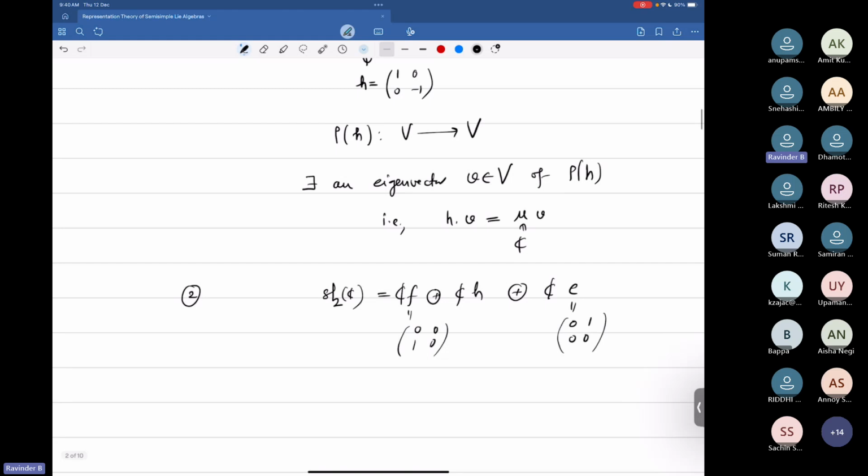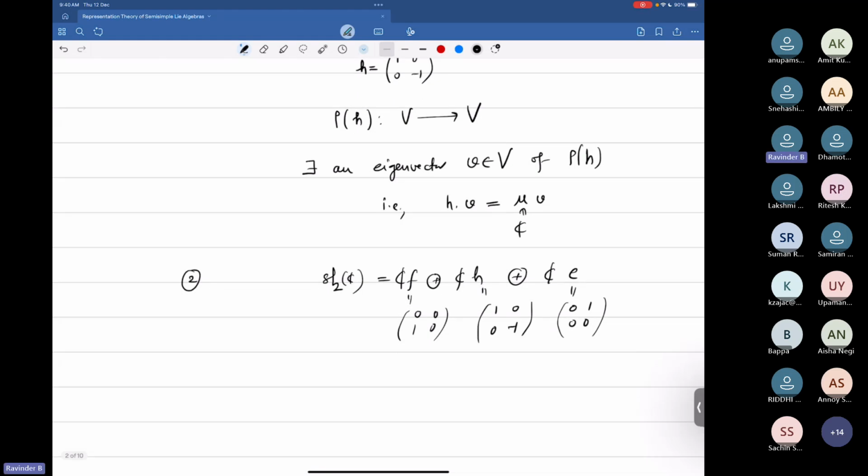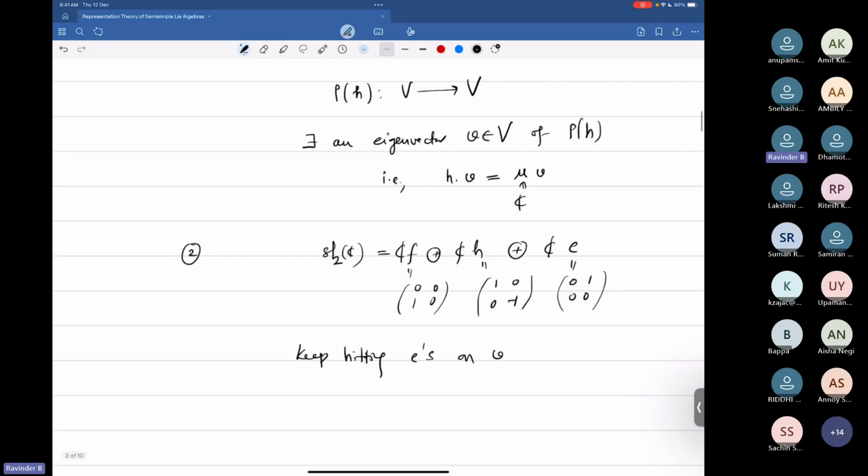So SL2 has a nice basis given by these three elements, and this is the notation she used. After getting that one eigenvector v, you keep hitting it with E.